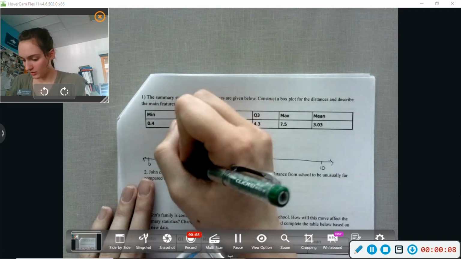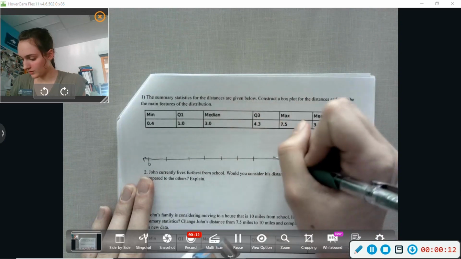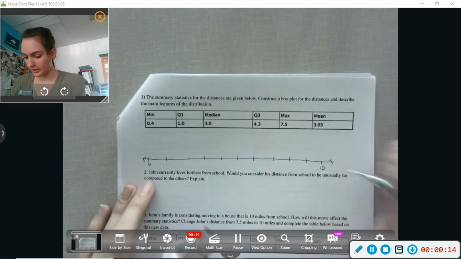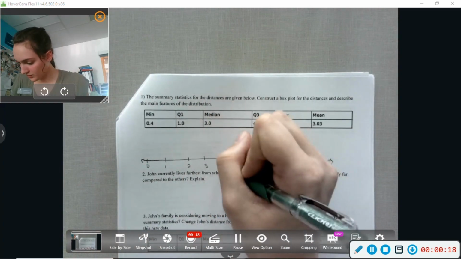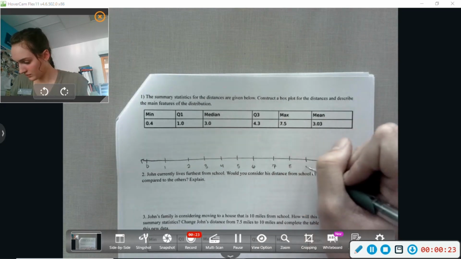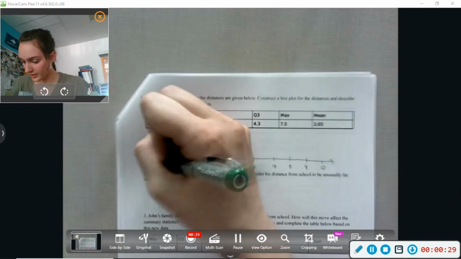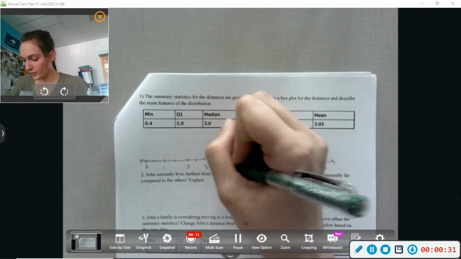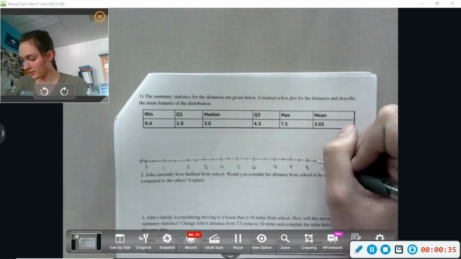I'm just going to go 1, 2, 3, 4, 5, 6, 7, 8, 9, 10, and then I'm going to label those. Because our data deals with a lot of decimal places, I'm also going to make 0.5 increments on my line just so that it makes it easier to see.